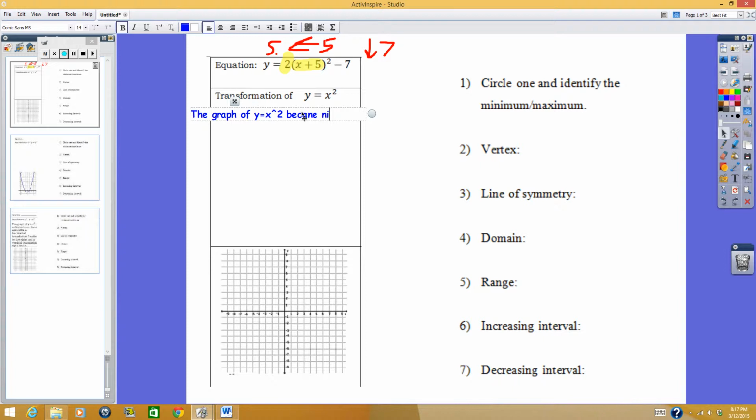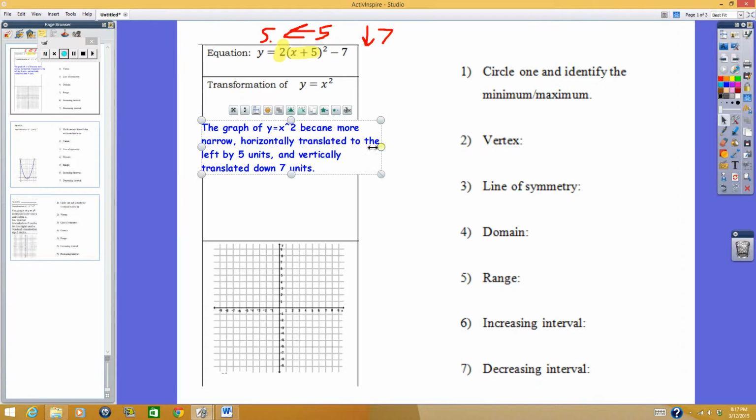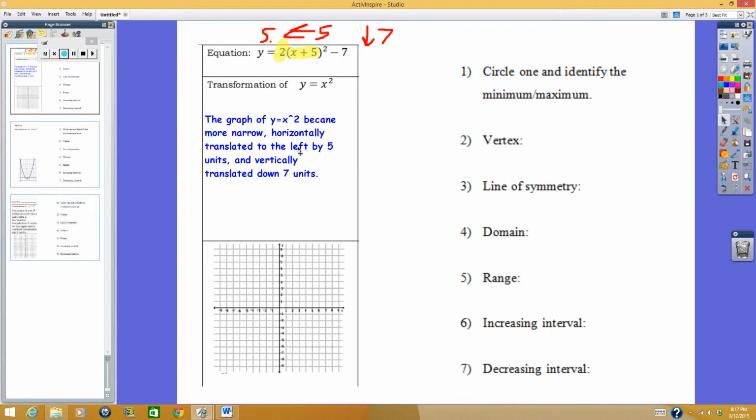So it became more narrow, or you could say skinnier. Horizontally translated to the left by 5 units, and vertically translated down 7 units. Okay? Alright, cool. That should be that. You guys have been doing very well on these descriptions.